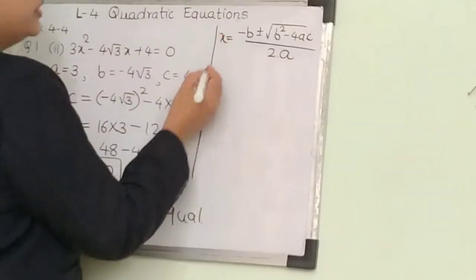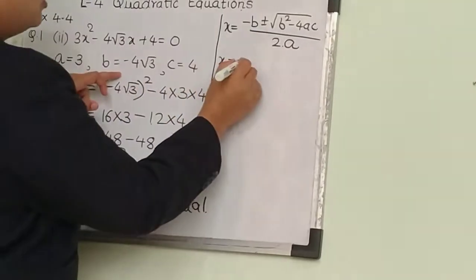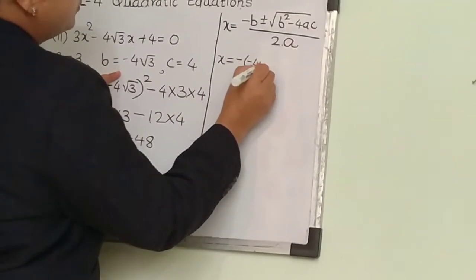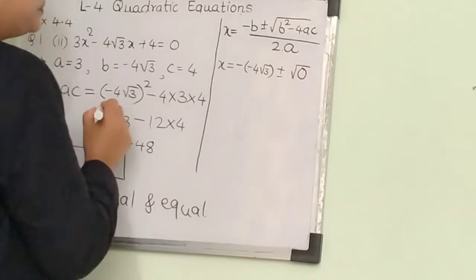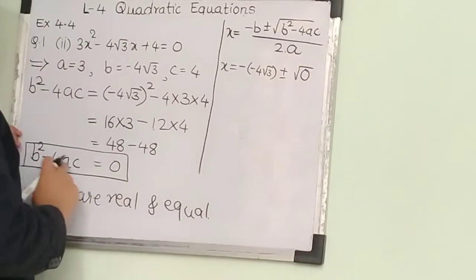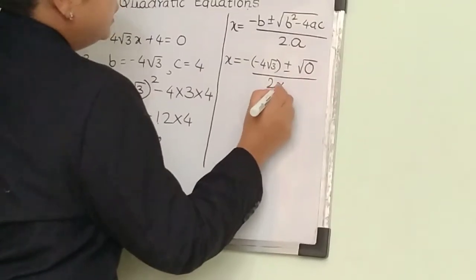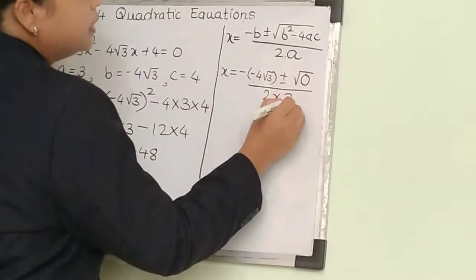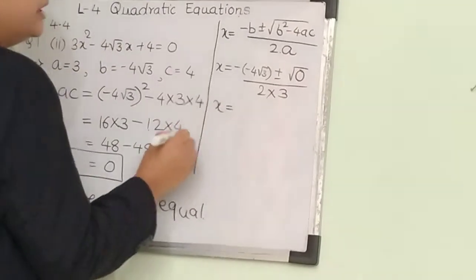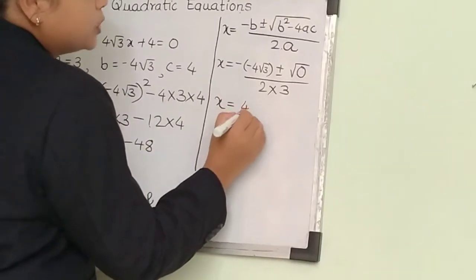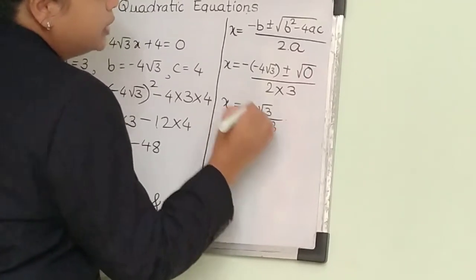So I will substitute the values. x equals minus, the value of b which is minus 4 root 3, plus or minus root of 0, because b square minus 4ac is 0, upon 2 into the value of a, which is 3.